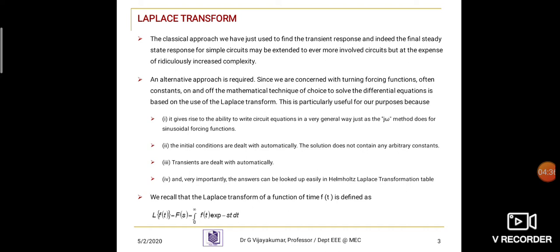So it can be represented as F of s corresponds to f of t. Hence, if we know the value of capital F of s, the function in the s domain, and we want to know the function of time, or vice versa, it is very easy using a lookup table, that is a Laplace transformation lookup table.